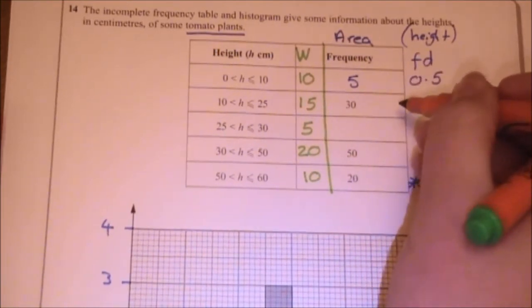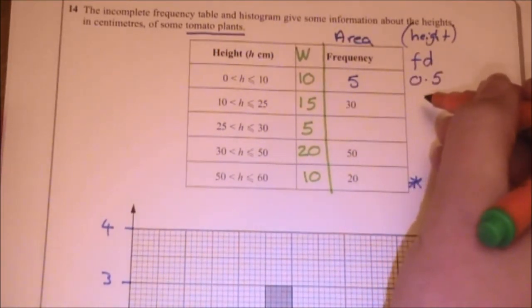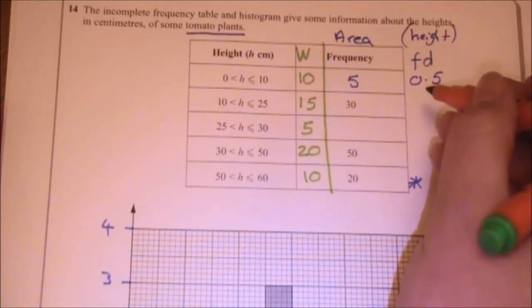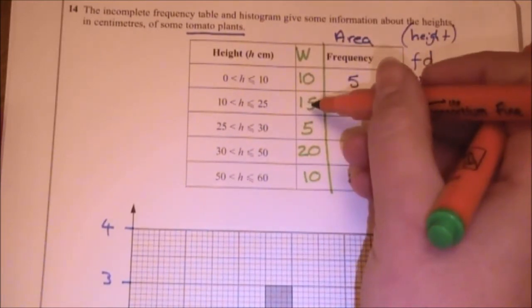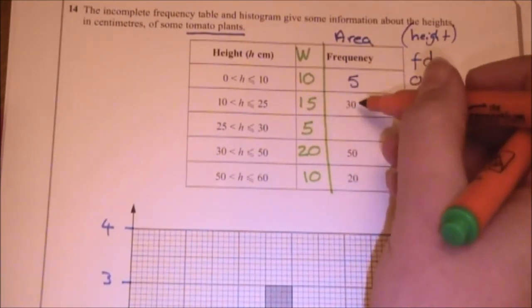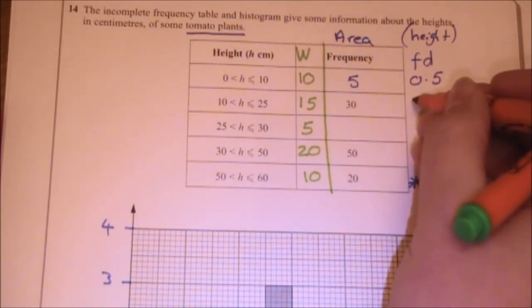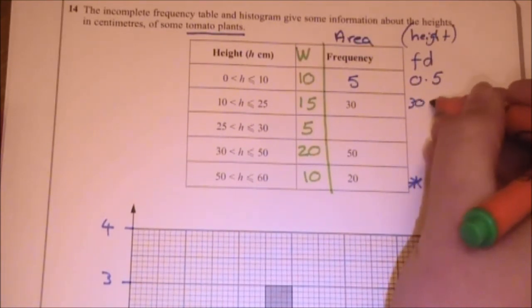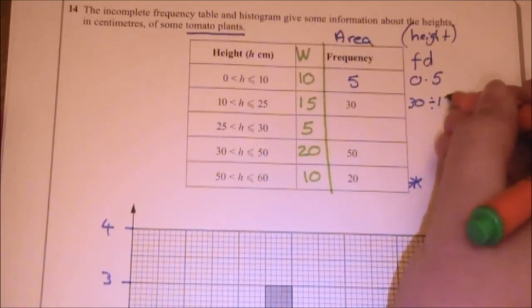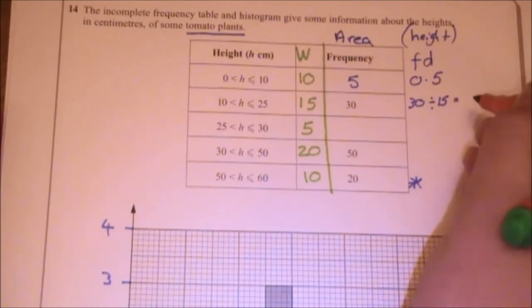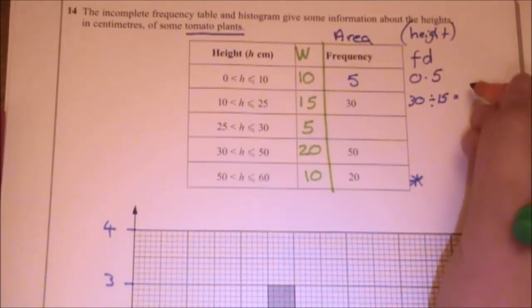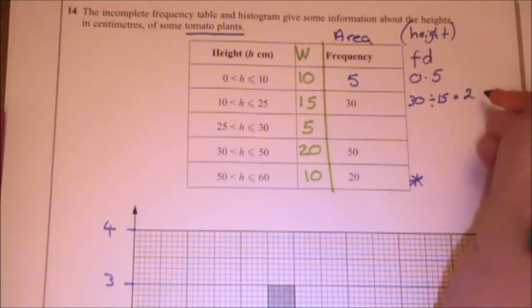Now for this one, I need to draw the bar in, so I need to find the frequency density. It's got a width of 15 and a frequency or area of 30. So in order to find the frequency density or height, I need to take my 30 divided by my 15, because area divided by width equals height, and 30 divided by 15 is 2.